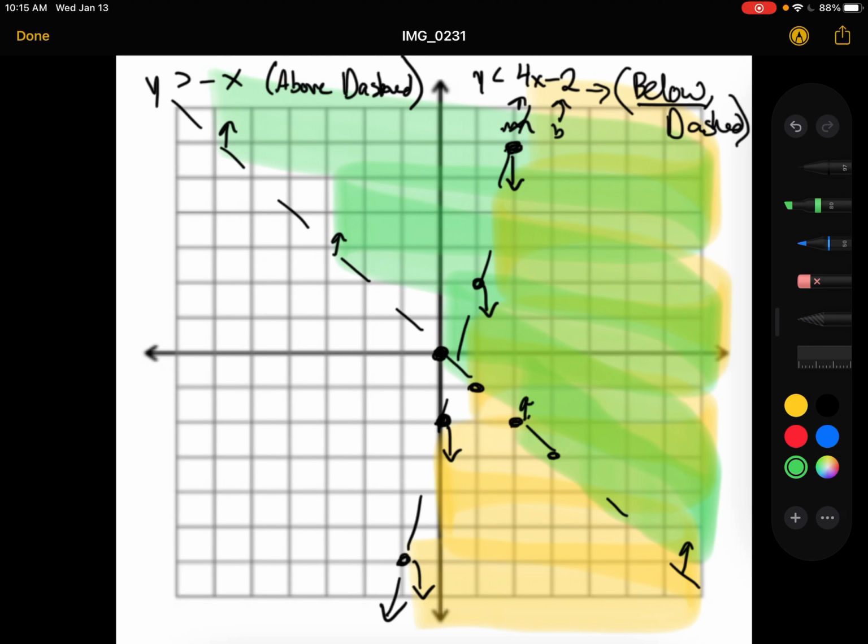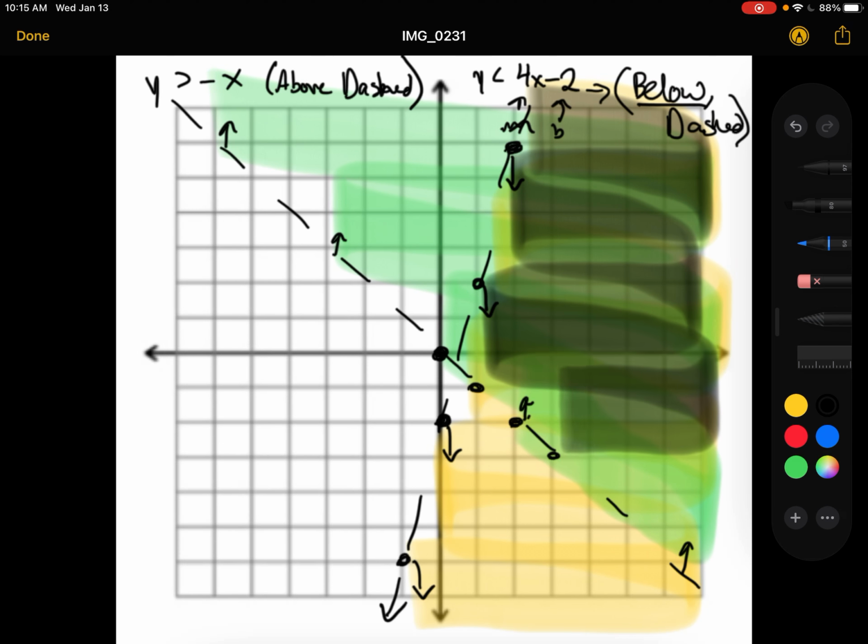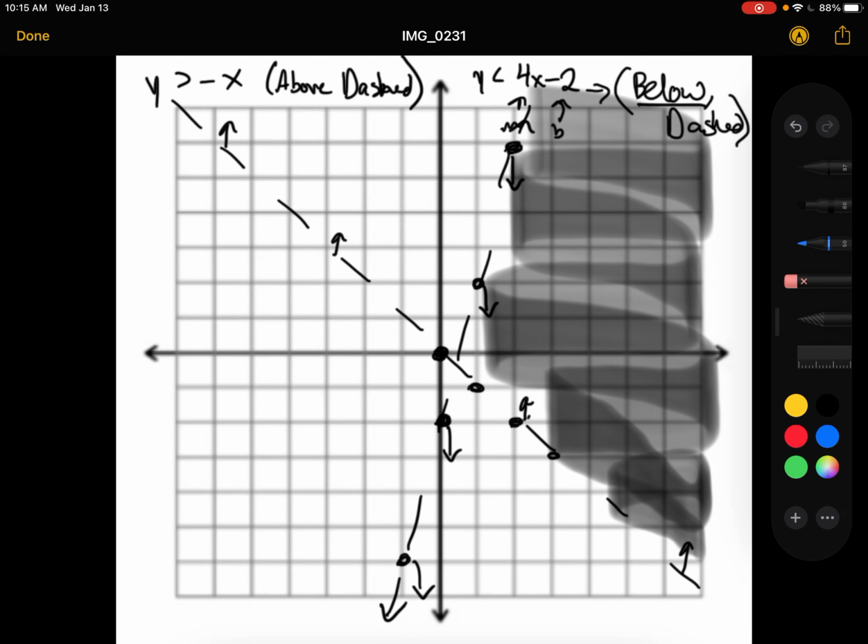And the place where both of those things are shaded, that is where they intersect. I'll put that in black. So this is the region where these lines have solutions that are the same, that intersect. And technically, we shouldn't have shaded anything else. So that right there is just going to be our answer.